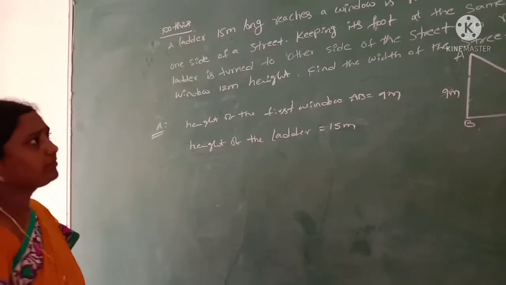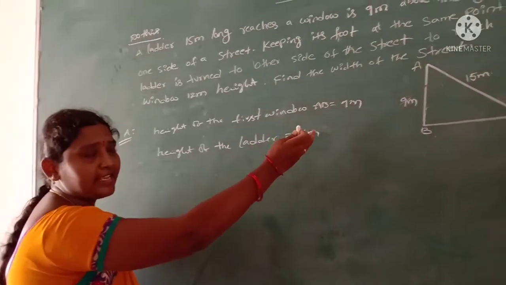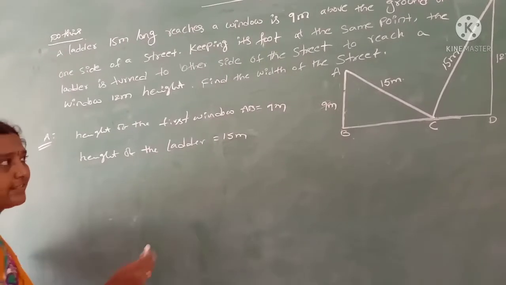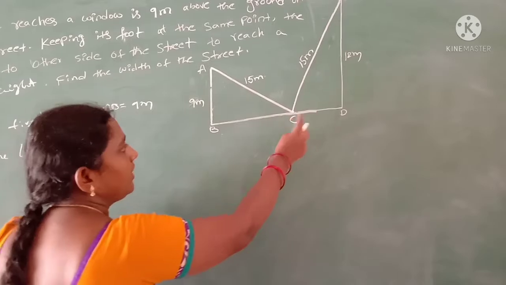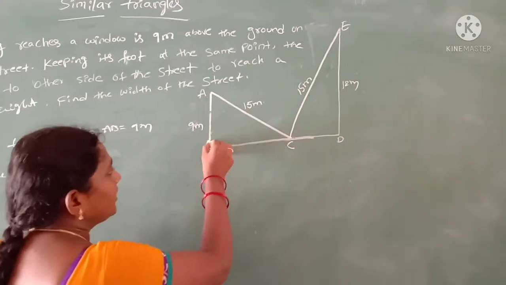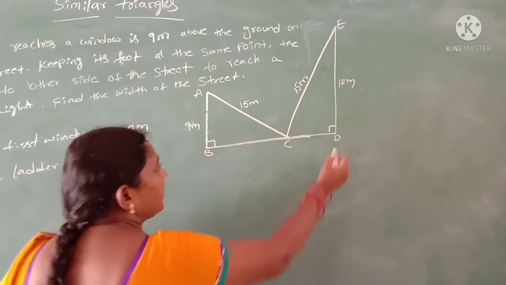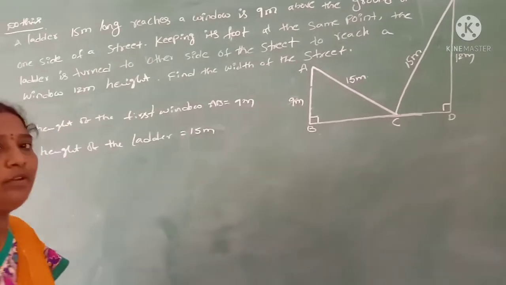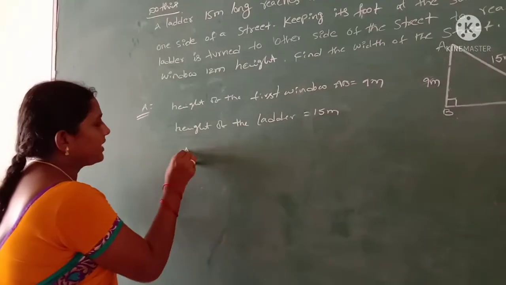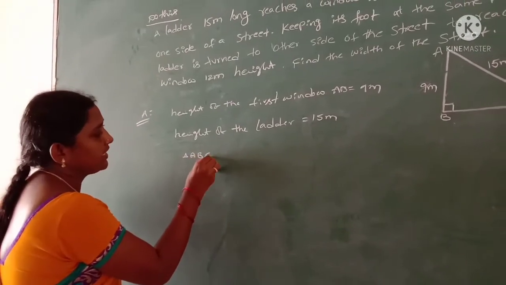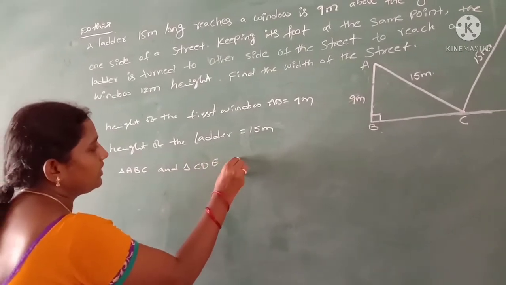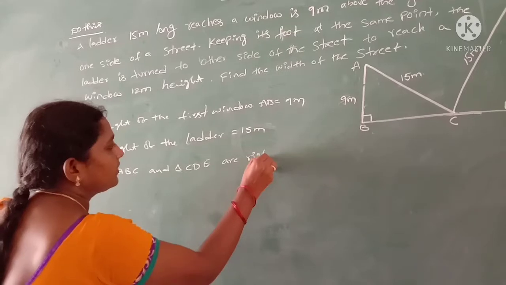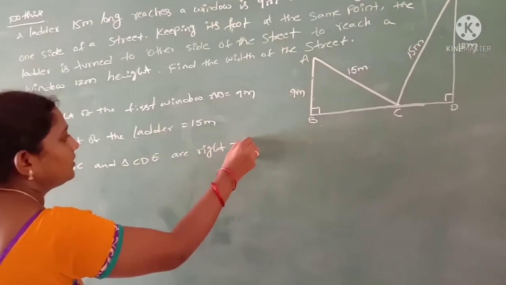Next, this figure has two right angle triangles. One is ABC and another one is CDE. So angle B and angle D equal 90 degrees. Triangle ABC and triangle CDE are right triangles.